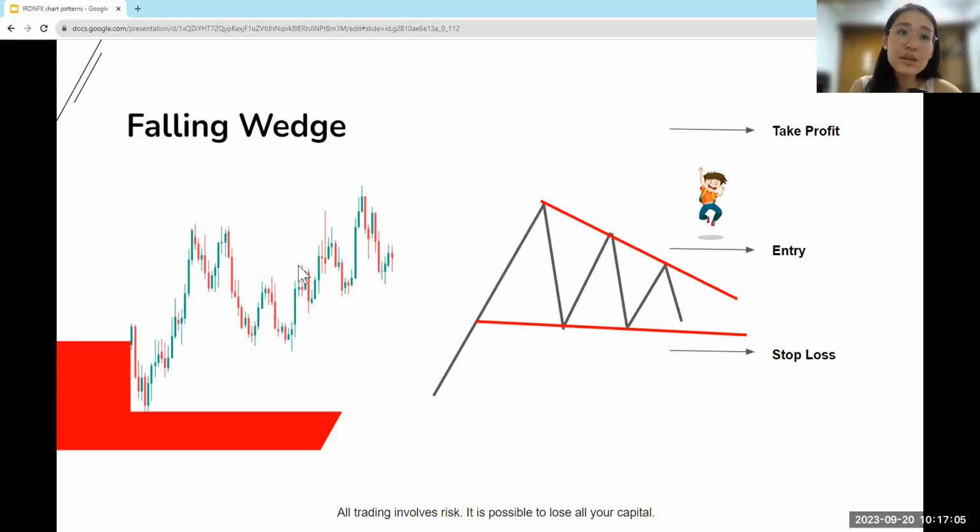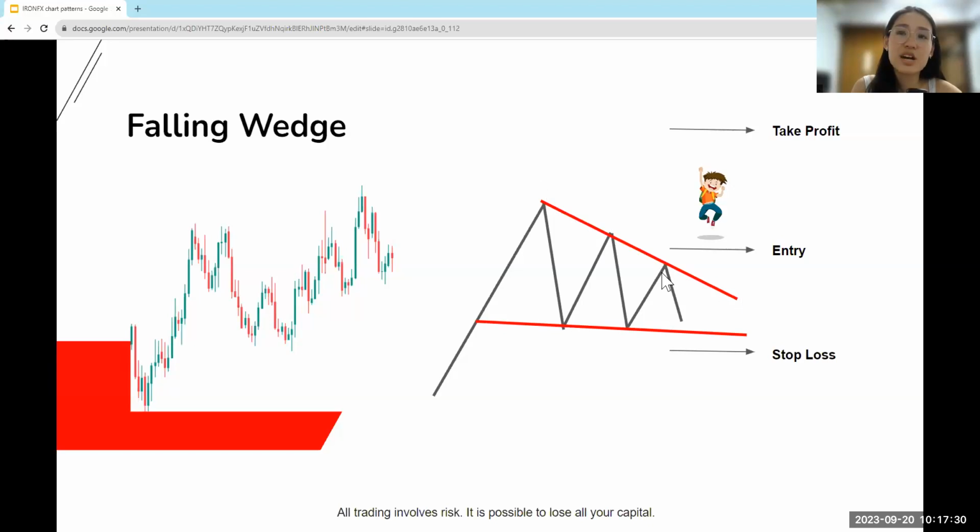Once we have this level that we have connected through all of the swing highs, that is our entry level. And then our take profit or target level would be slightly above that, because we're expecting price to break out of this higher resistance level.